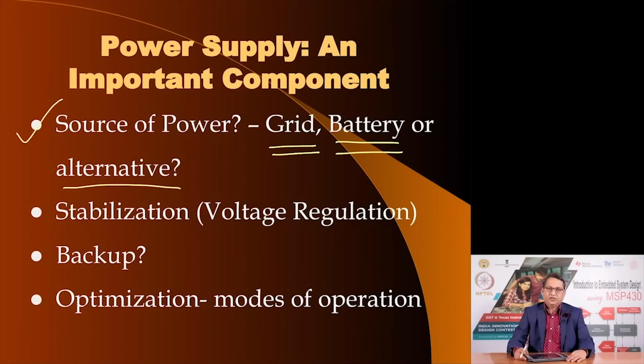Once you decide what is the source of your power, the next question is, is the source of power very stable? Even if it is stable, if it is of a high value, most of the components that make up the embedded system require a low DC voltage, and so you must reduce the voltage and ensure that the reduced voltage is stable, that there is no noise on it, and it is not fluctuating.